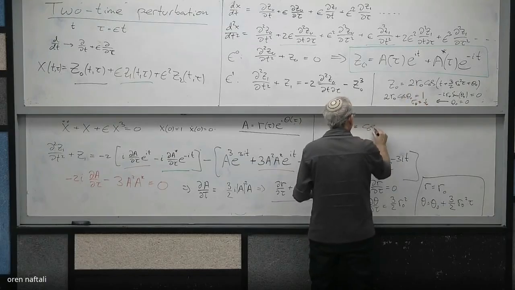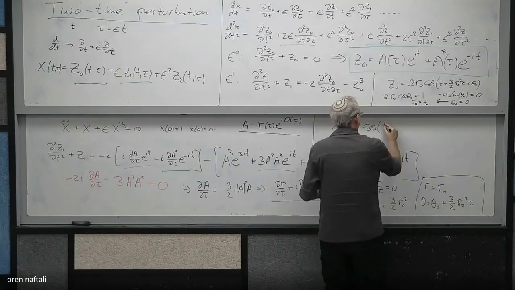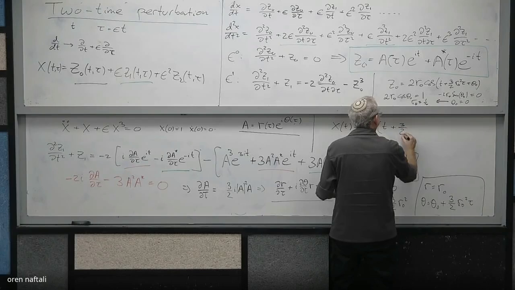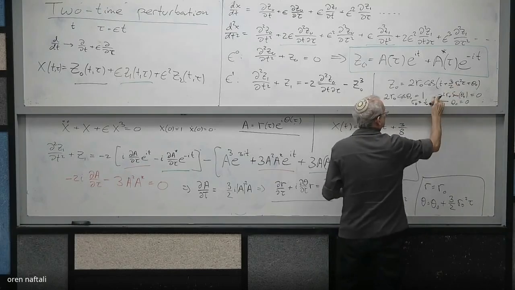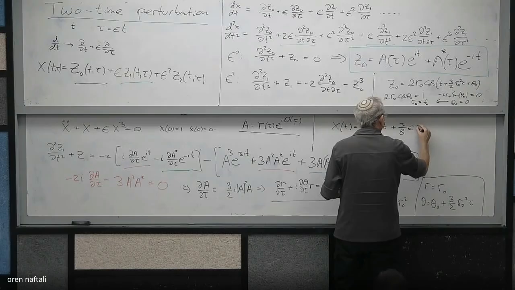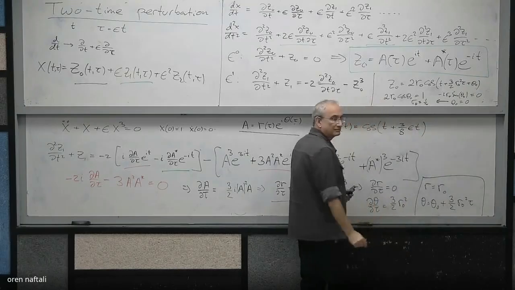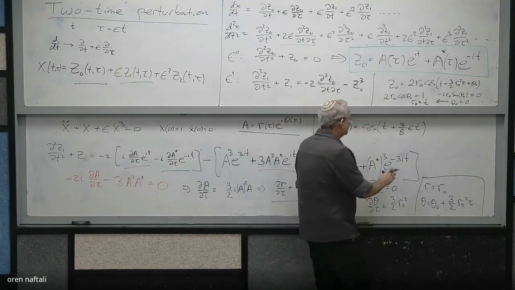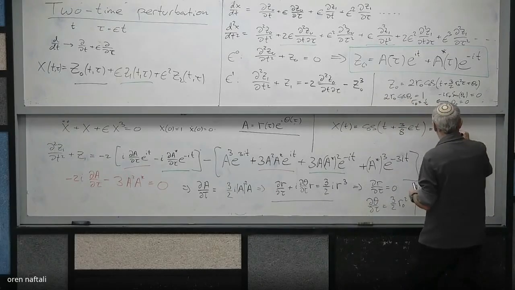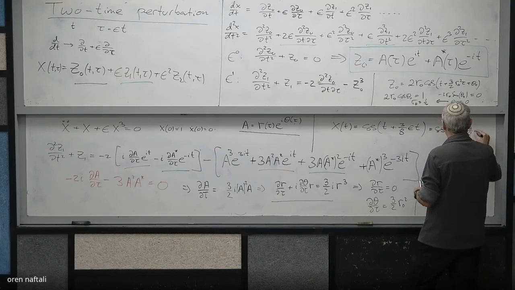So it equals cosine of t plus theta naught, which is 0, but I have 3/8 because r naught squared is 1/4, times epsilon t. Or if you want, cosine of t times 1 plus 3/8 epsilon.